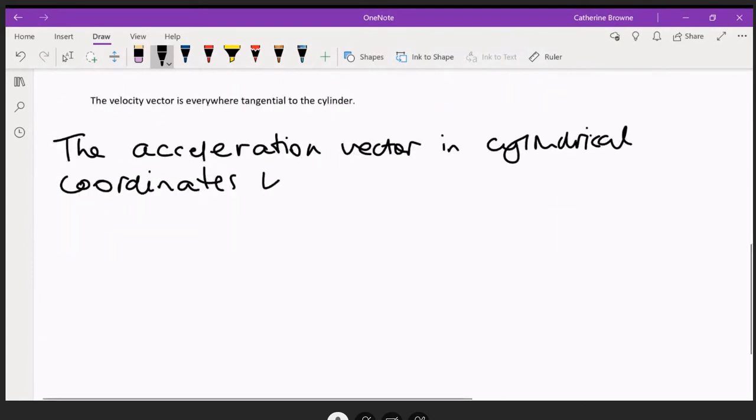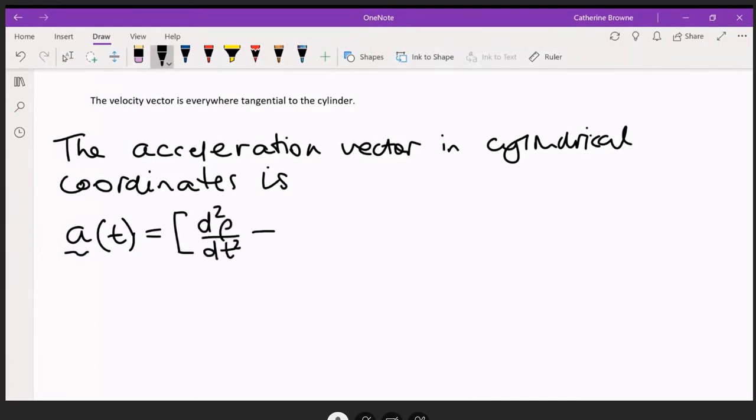So it's similar to how we found the velocity vector. We have a formula for the acceleration vector in cylindrical coordinates. And so we have the second derivative of rho with respect to t minus rho d phi dt squared in the rho direction.